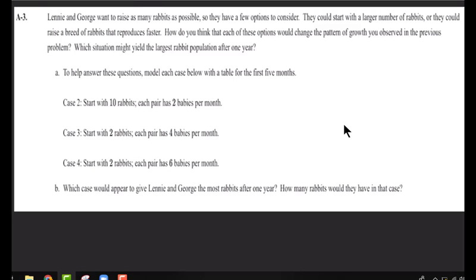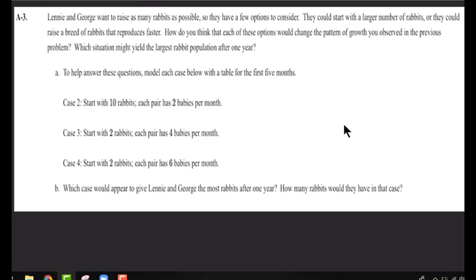So we had the first case, the case that we did in a year of getting 8,192 rabbits. The other option was a breed of rabbits where if they bought 10 rabbits, then each pair has 2 babies per month. But they started off with 10 rabbits instead of just the 2 rabbits that we started off with.